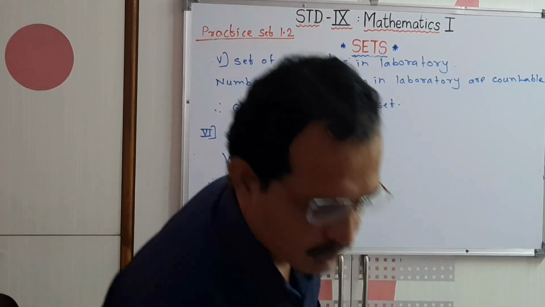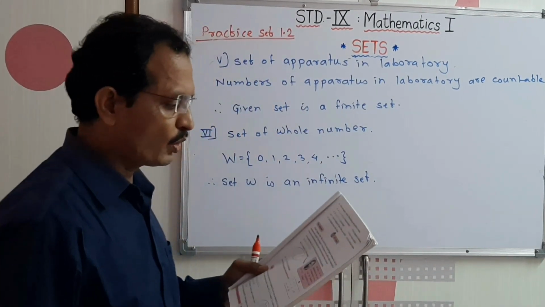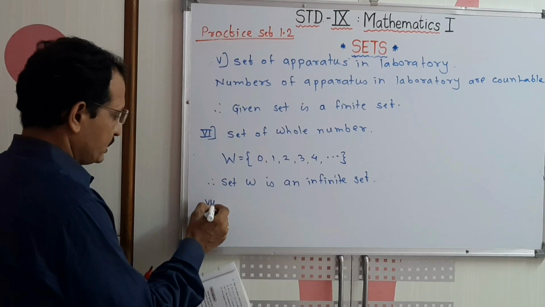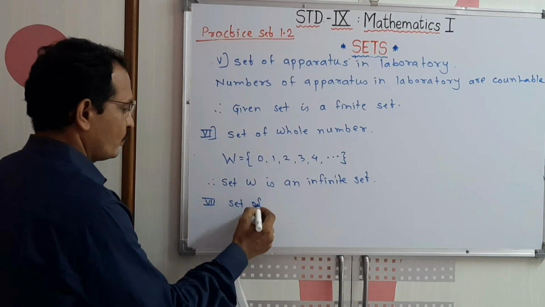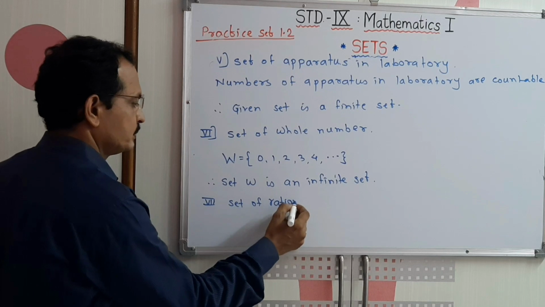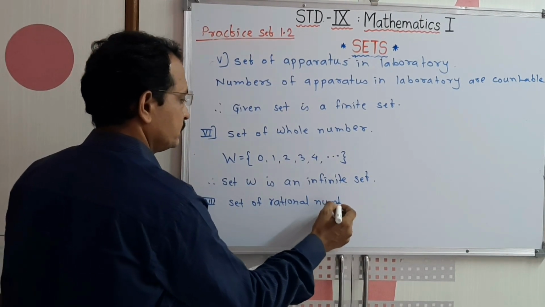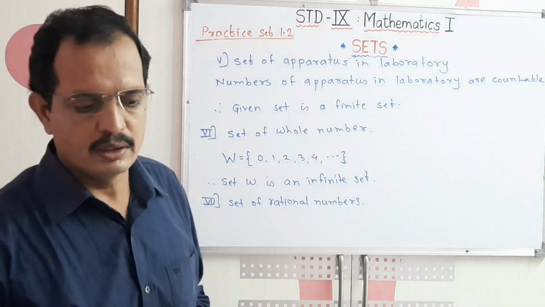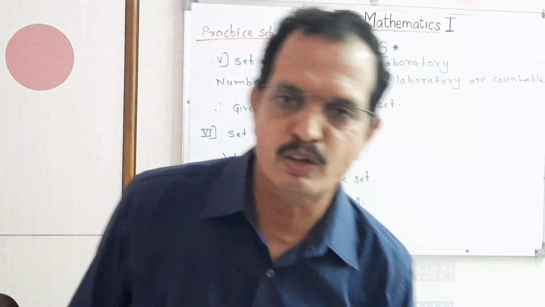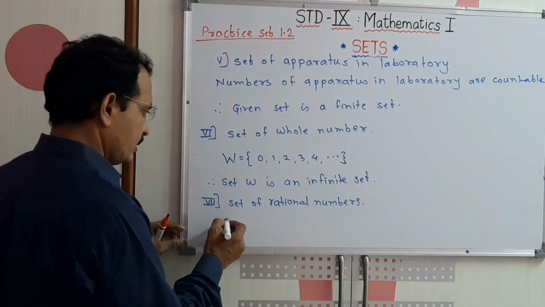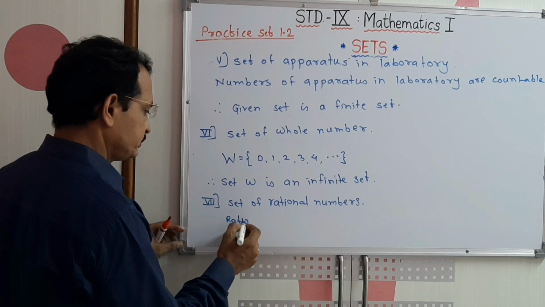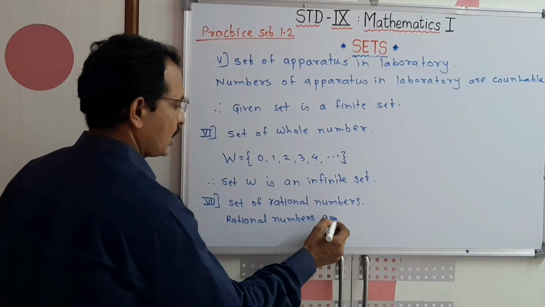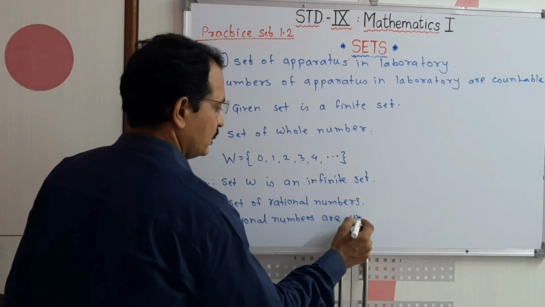And there is one more sum, the seventh one: set of rational numbers. There are infinite rational numbers. Therefore, we can write here that rational numbers are uncountable.